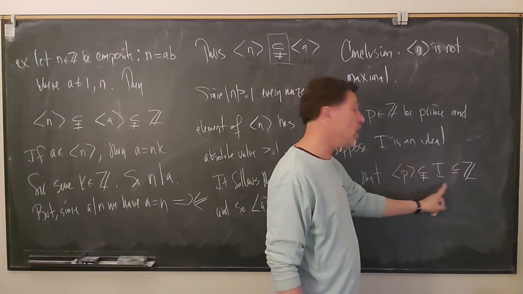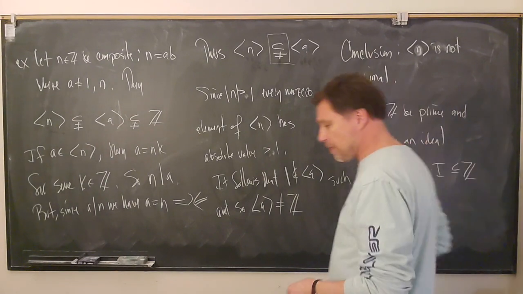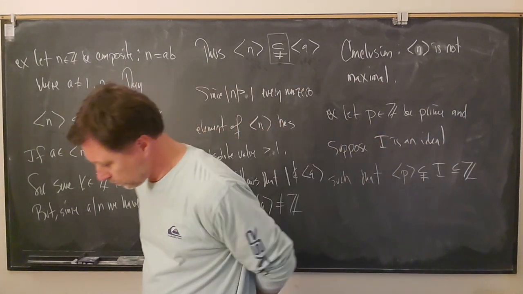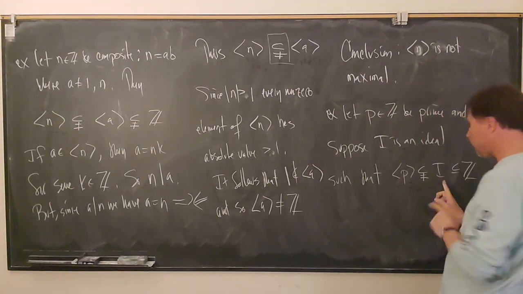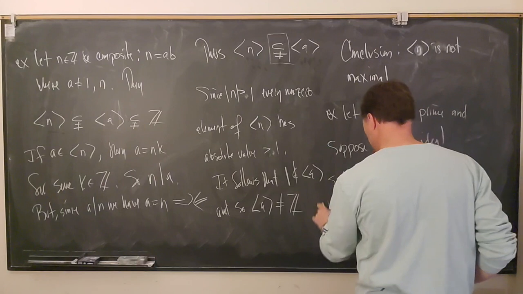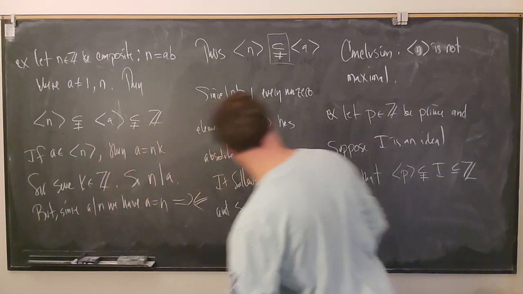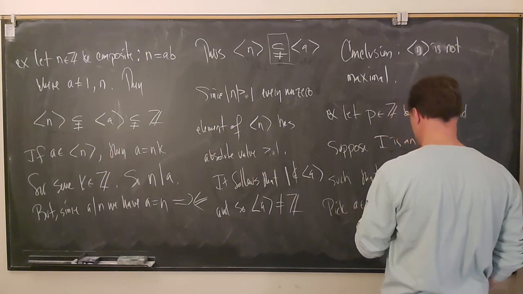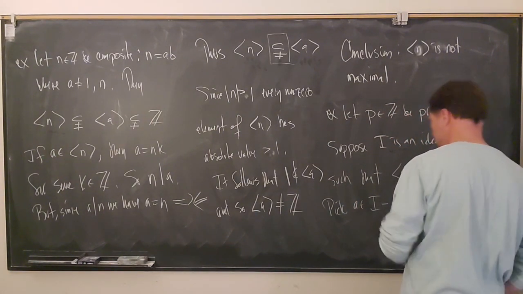And what I need to do is show that I has to equal Z. Okay, well, if we have proper containment here, then there is somebody in I that is not in the ideal generated by p. So let's pick A in I minus the ideal generated by p.